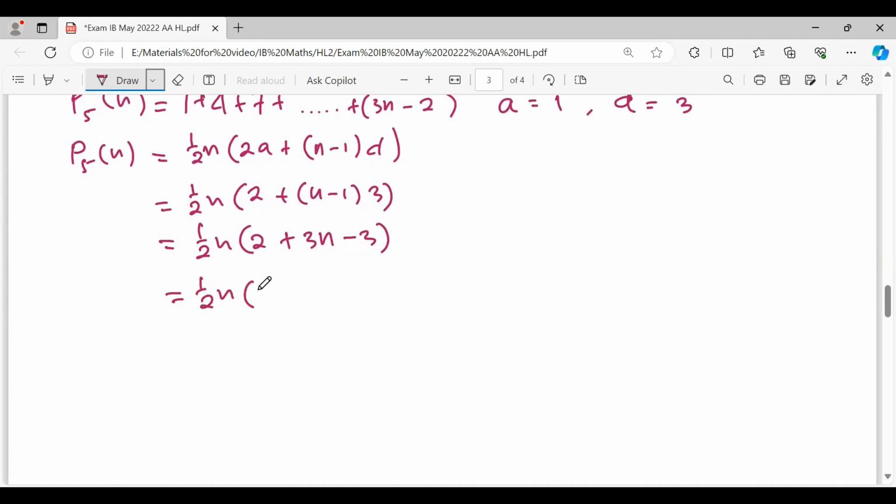n times 3n minus 1, or n times 3n minus 1 over 2, like this.